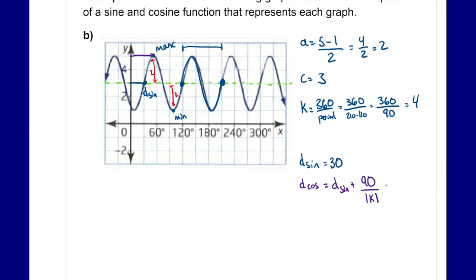So the d value for cosine would be 30 plus 90 divided by 4, or 30 plus 22.5.